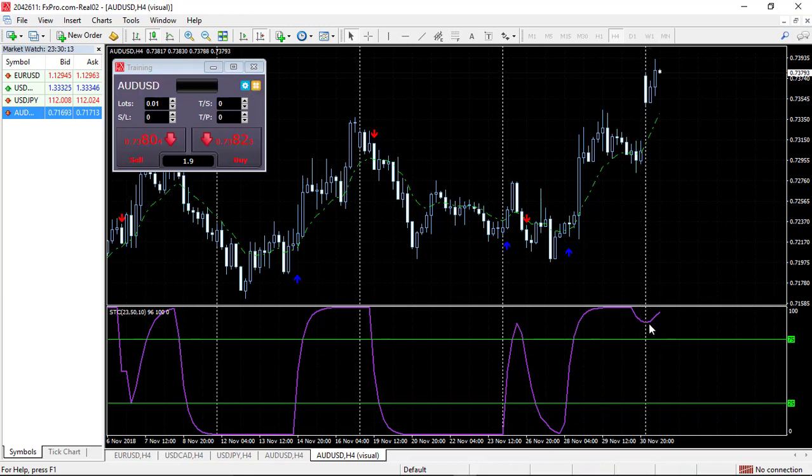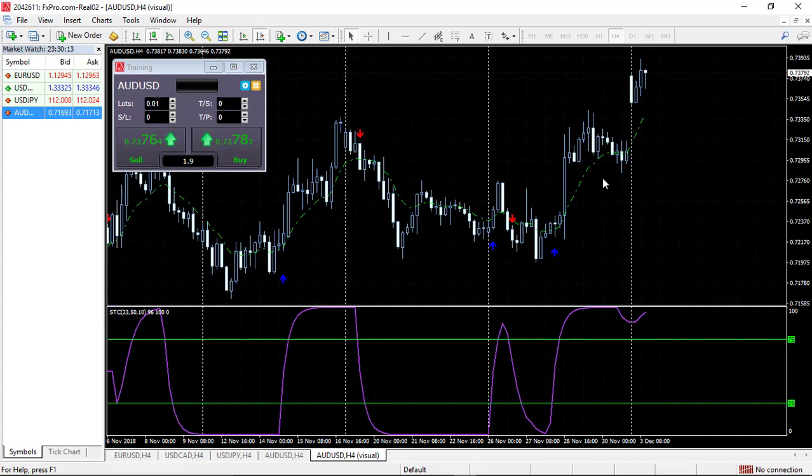Price is still above, so we wait for price to cross below, which it will definitely do sooner or later. All you have to do is wait for the indicator line to cross below the 75 line and you trade. Very simple, very easy.